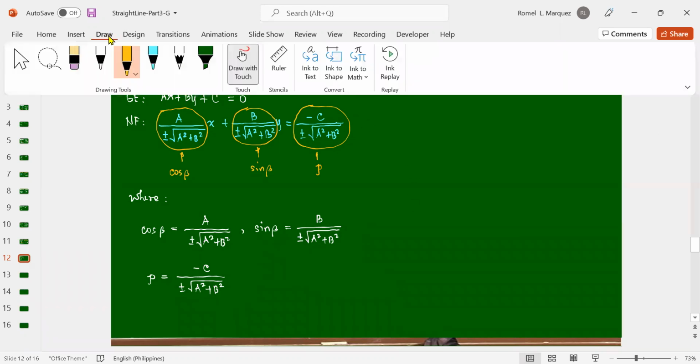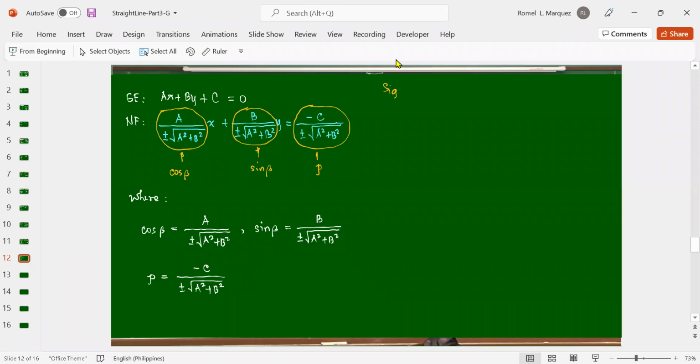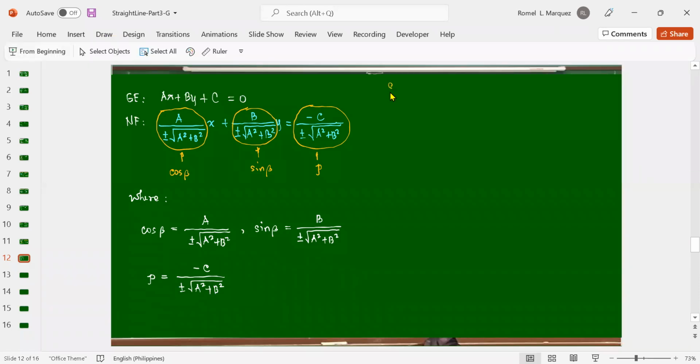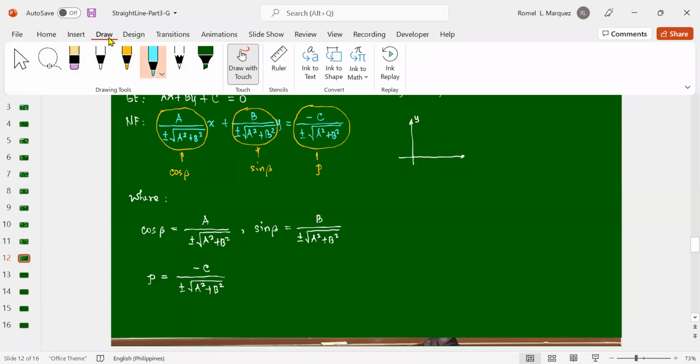So, for the sign of P, if we have the following scenario, so let's say I have a line like this.